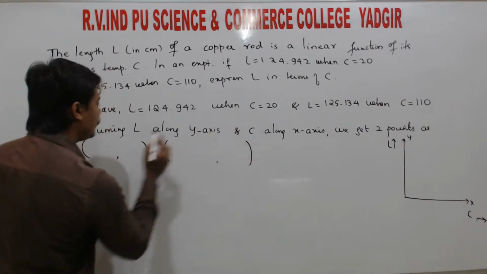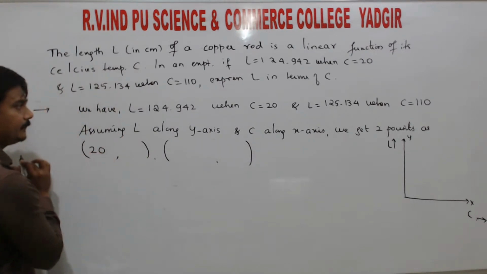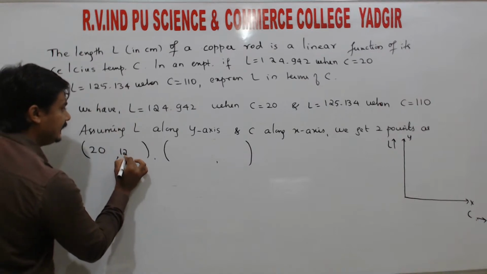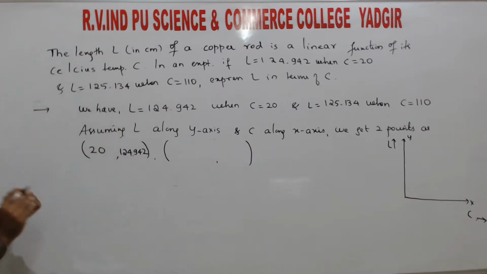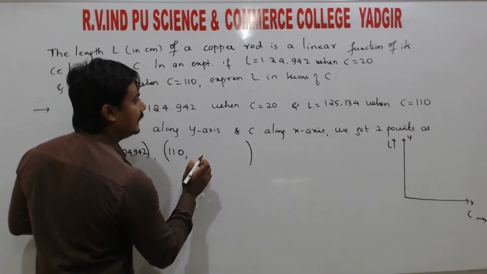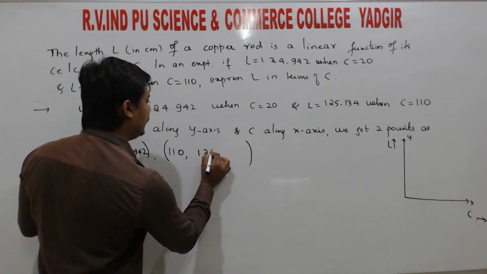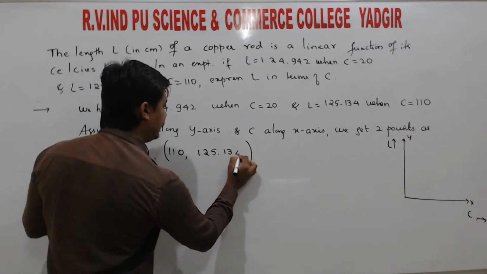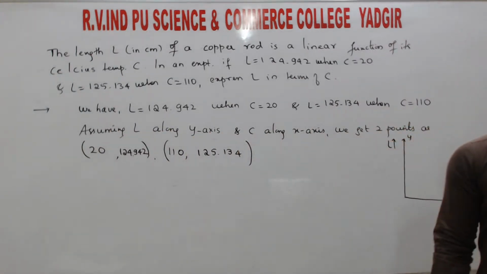Observe. Along the x-axis we have taken C. When C is 20, then L is 124.942. Next, C is 110, L value is 125.134. Don't get confused.